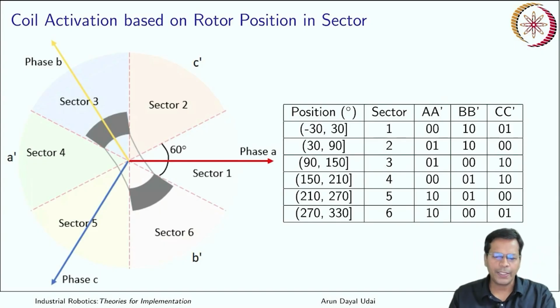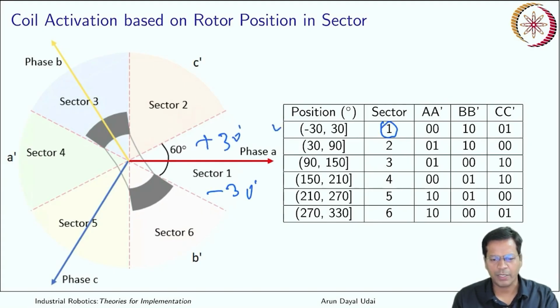Now if it is in sector 1, that is here, minus 30 degrees to plus 30 degrees, this one I am talking about. So what will happen if it is here in this sector? The rotor is already here now, so this time switching this one on will not help.